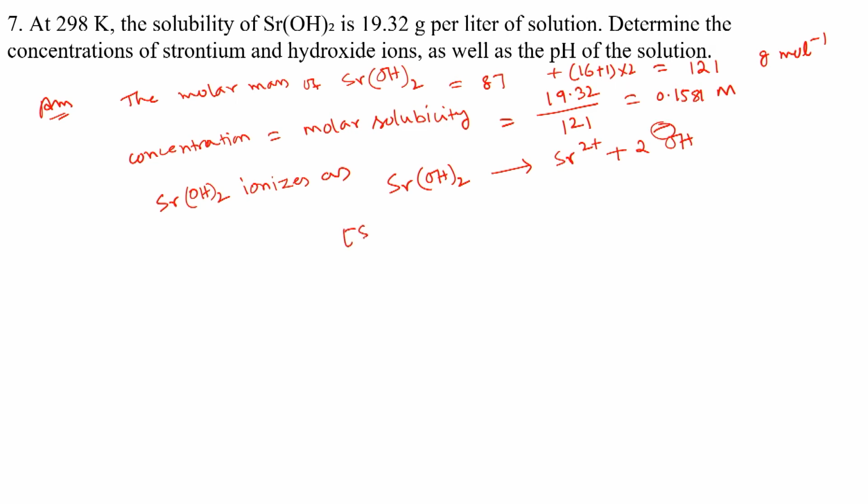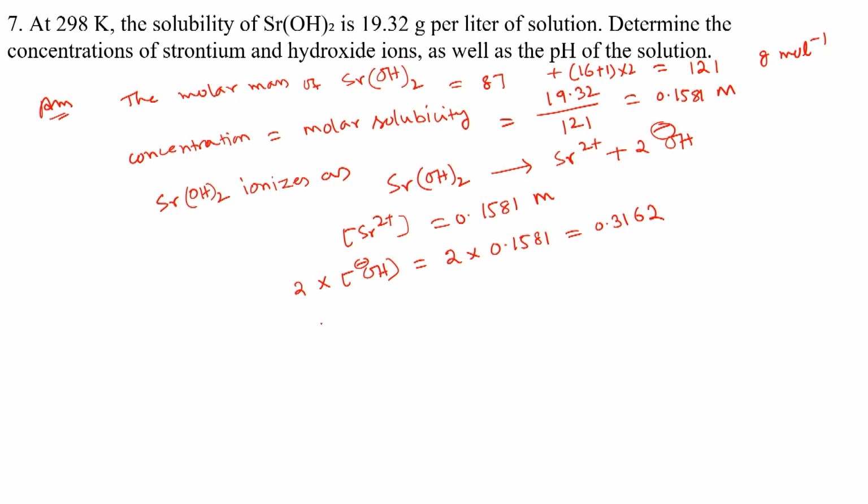Now concentration of Sr2 plus is 0.1581 mole, that we calculated just now. So concentration of OH minus is 2 times 0.1581, equals 0.3162. Right.